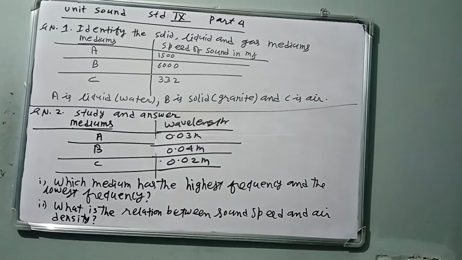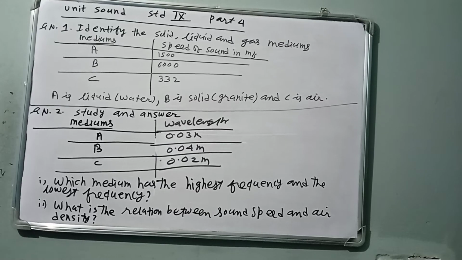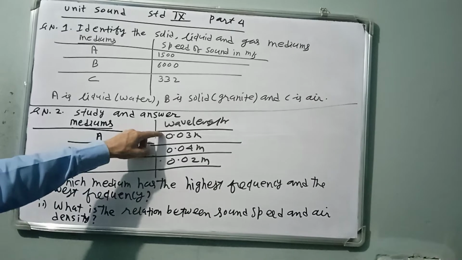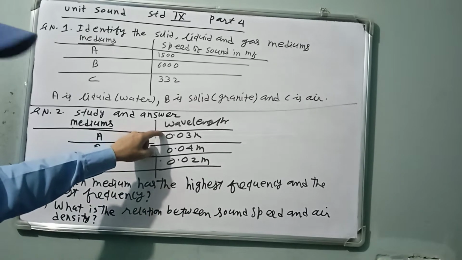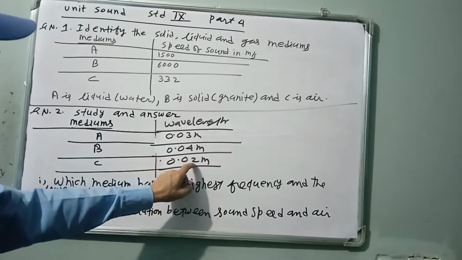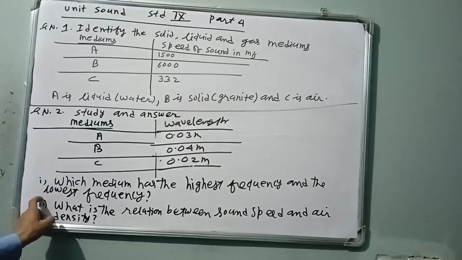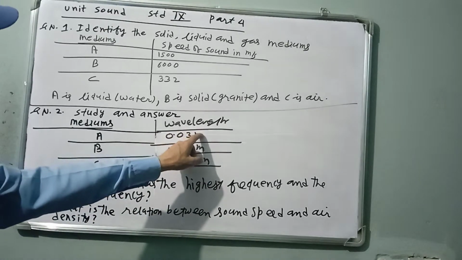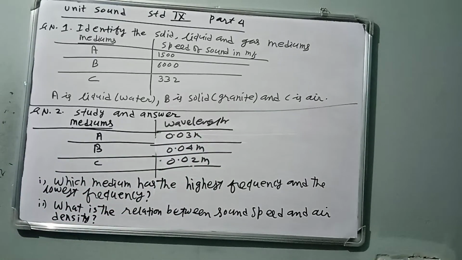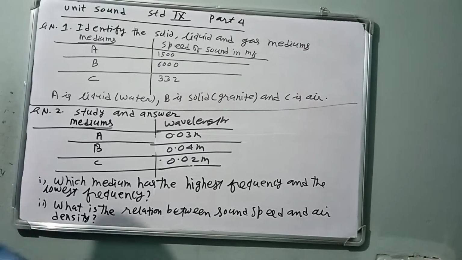Among them, consider speed is constant. Which medium has the highest frequency? For highest frequency, the wavelength should be lowest. Lowest wavelength, highest frequency; highest wavelength, lowest frequency.